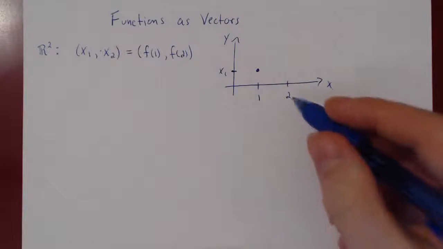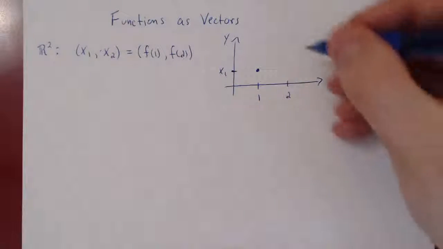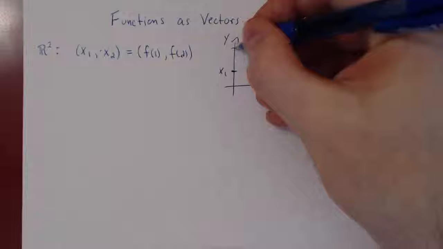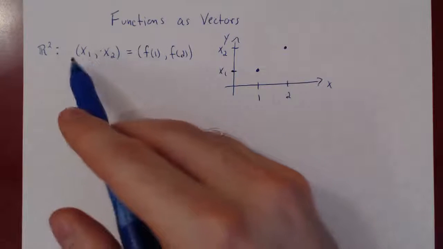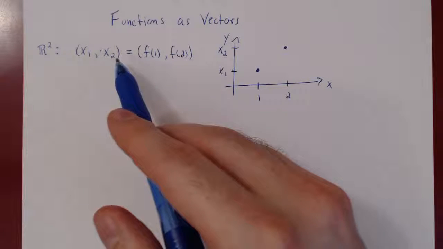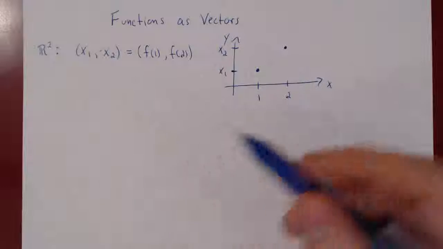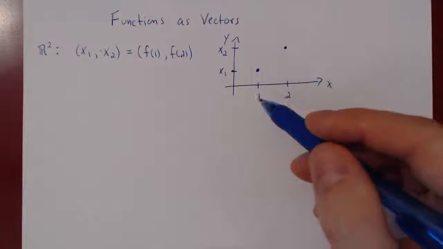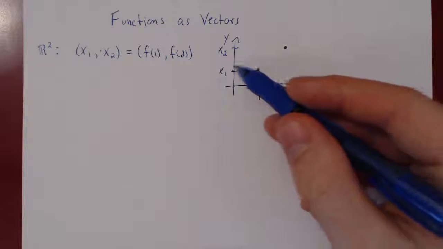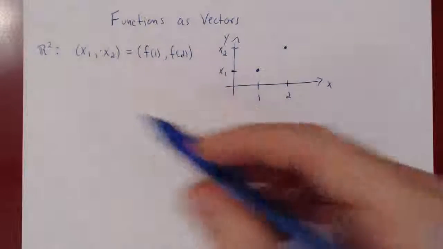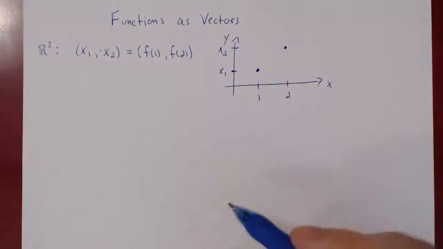And the value assigned at x equals 2 is f of 2, which is the second coefficient of our vector. And so you see, quite naturally, you can think of a vector in R2 as not only a directed line segment in R2, but as a real function defined only on the first two positive integers. F of 1 is the first term of your vector. F of 2 is the second term of your vector.